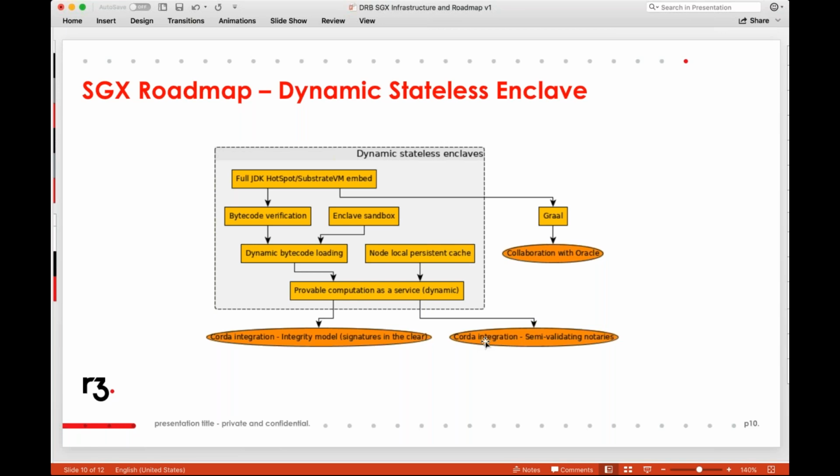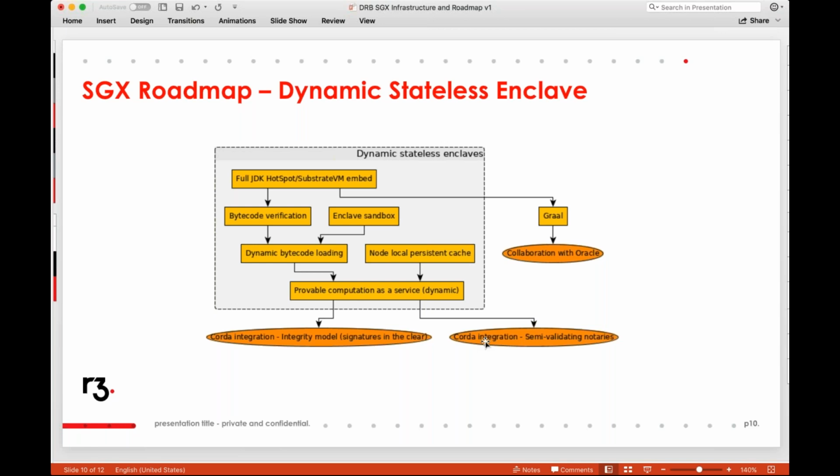It's just that we also forward the SGX signatures to the notary, which is a non-validating notary. It will not run validation checks in and of itself, but it will check the SGX signature. So it's a sort of semi-validating notary. That's why it's called semi-validating.